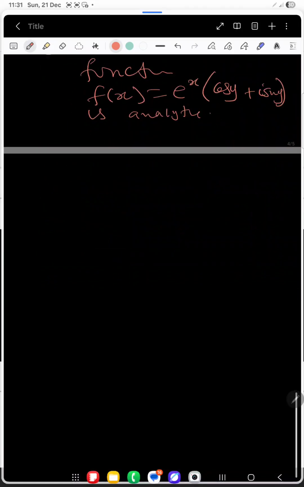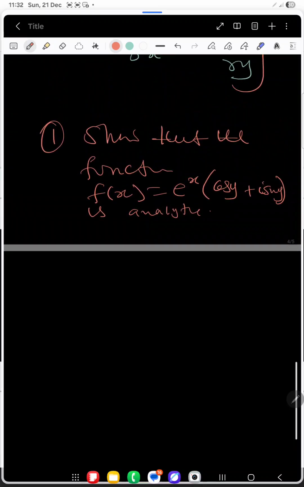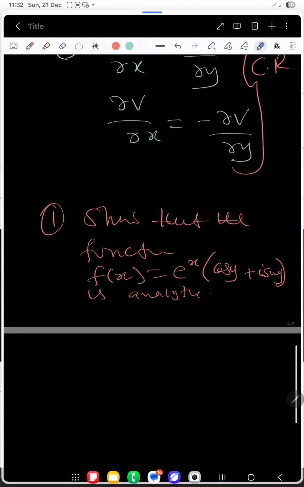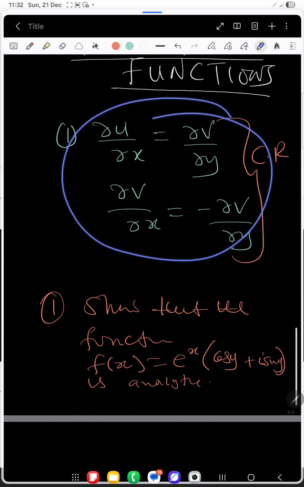For you to show that, we want to show that it satisfies the Cauchy-Riemann equations, which are these.